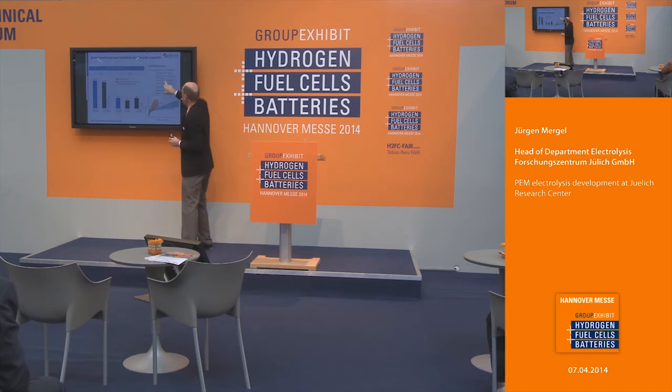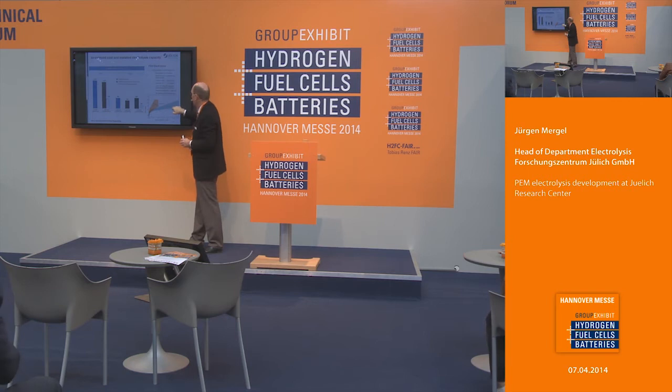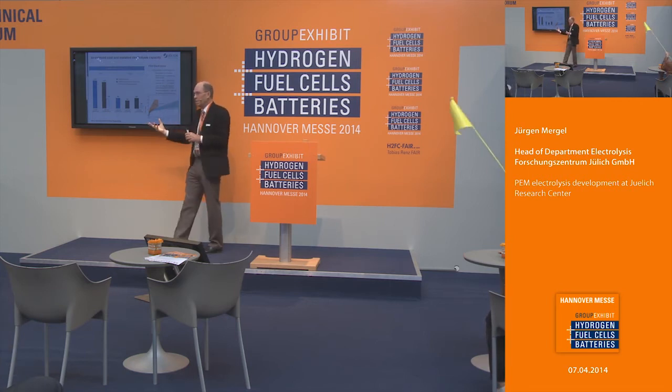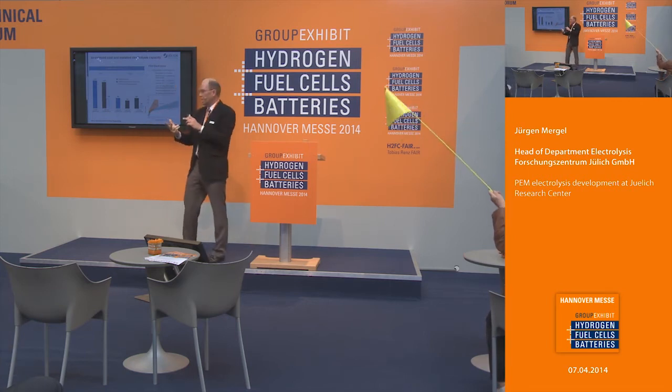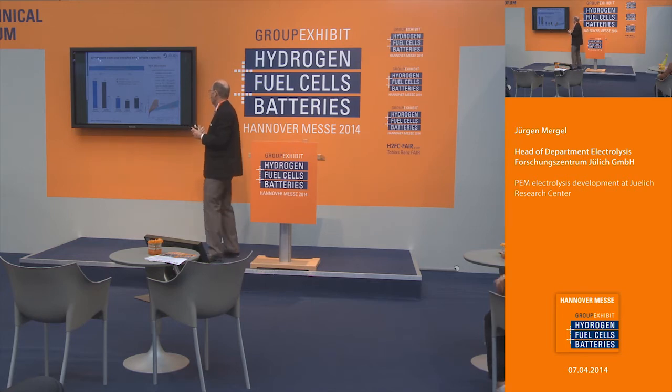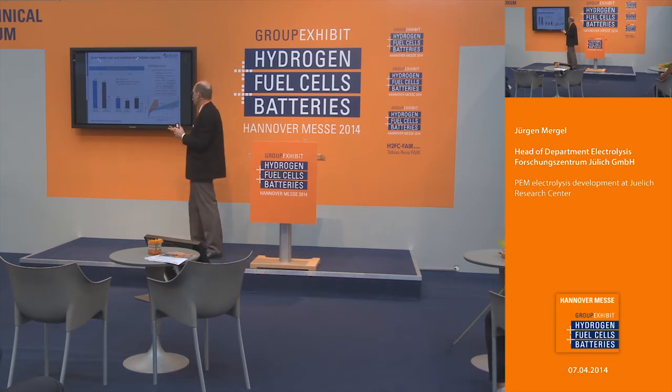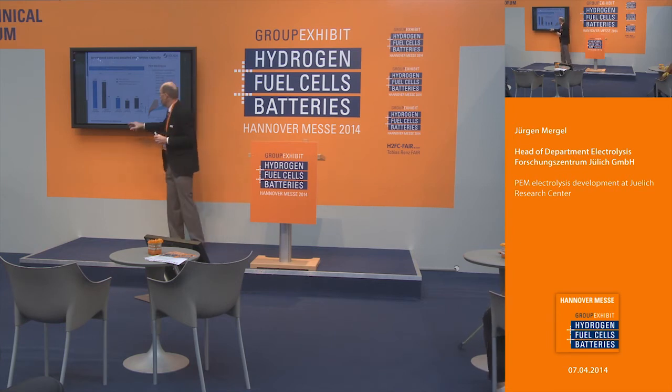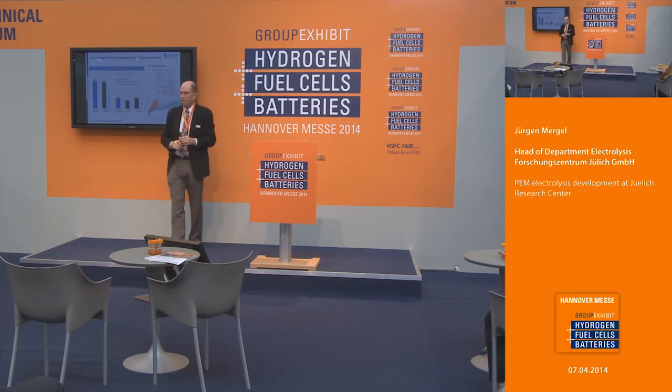If you reduce the catalyst loading, increase the current density, and replace titanium separators, titanium current collectors by cheaper materials, we think that it is possible that you go down in 2030 to approximately 600, 500 euros per kilowatt for the alkaline and for the PEM electrolysis.